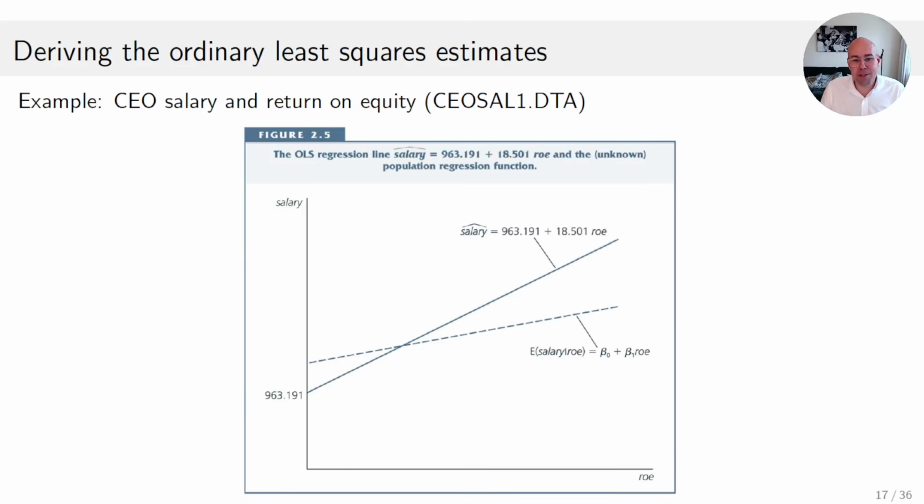Here, what this picture tells you is for the example data from the book on CEO salaries, and we've seen that picture before. I told you that there is a relationship. So I'm actually not sure whether I showed you exactly this picture before, but this is the return on equity.